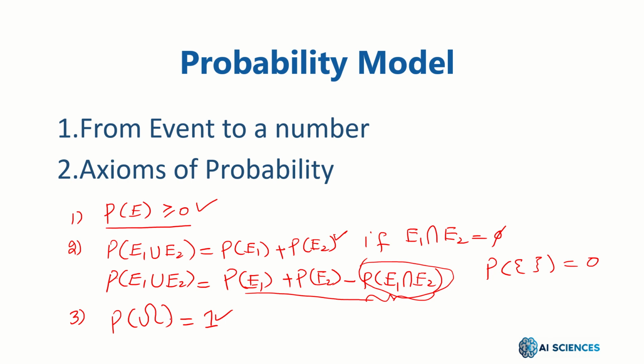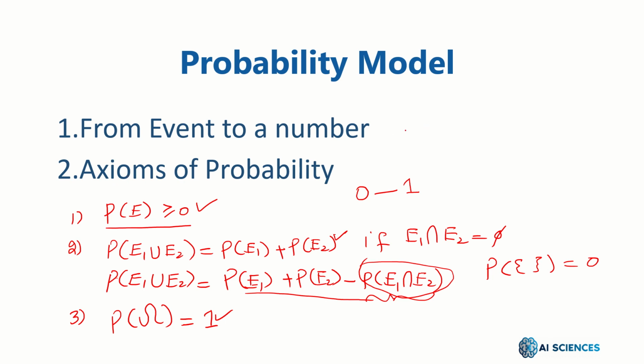And the probability of the sample space, which is the sure event, is 1. So that way the probability of any event stays between 0 and 1. So these axioms, these rules, must be taken care of.